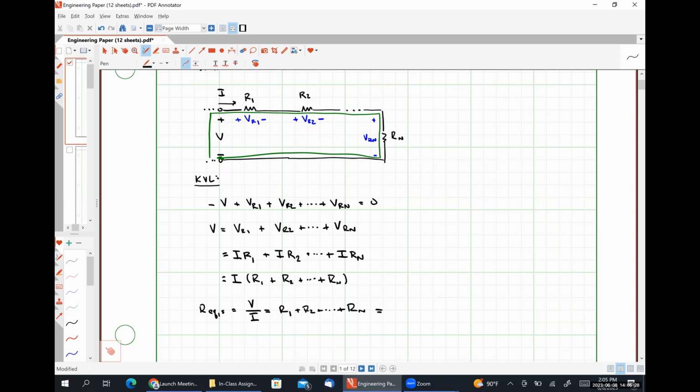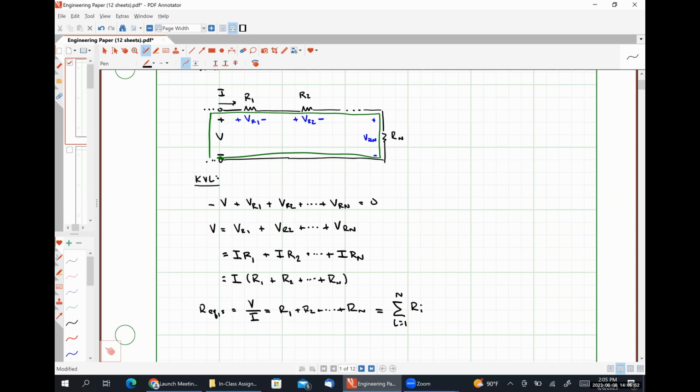And for those of you that like a smaller form, we can use summation notation and say that the equivalent resistance is the sum from i equals 1 to n of Ri. Okay.